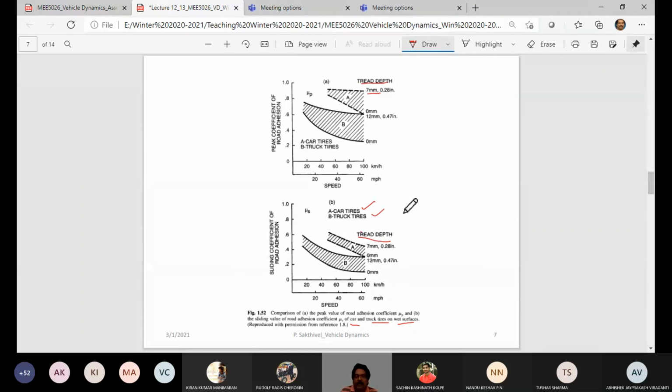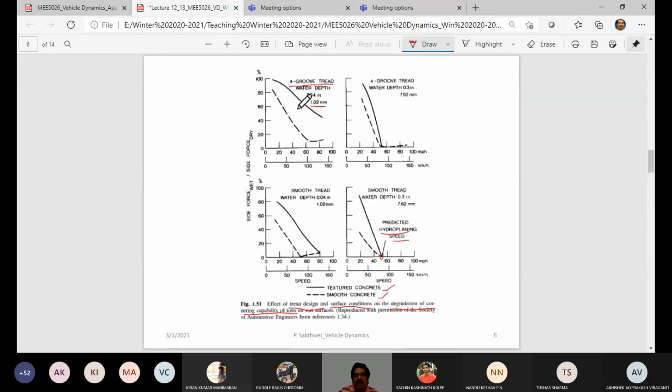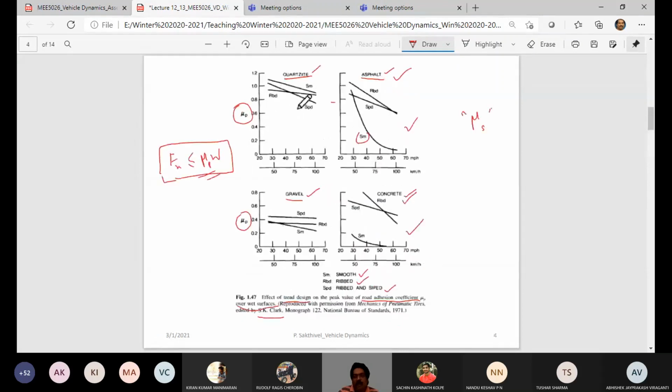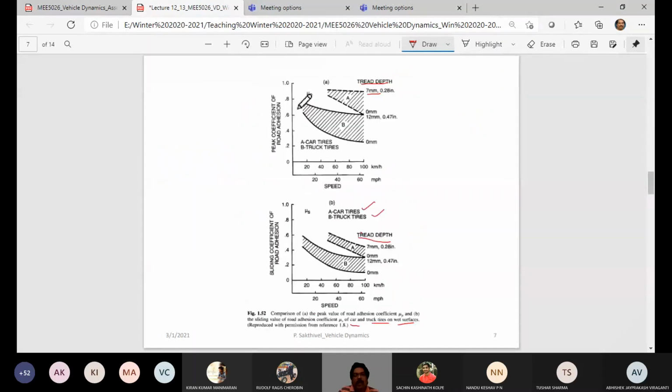Tread depth. And as you looked at earlier in the slides for MIP as well as MIS, we are looking here again at the variation of road elevation MIP in this first plot and MIS in this plot, for the variation of tread depth of car tires as well as truck tires, right?